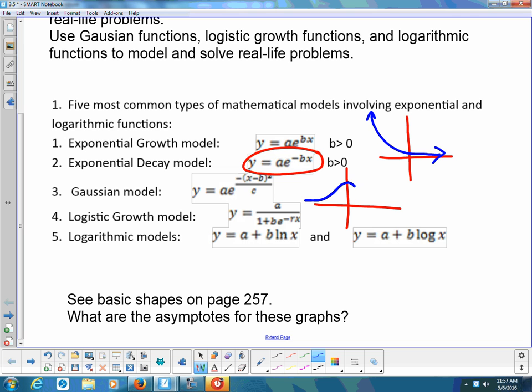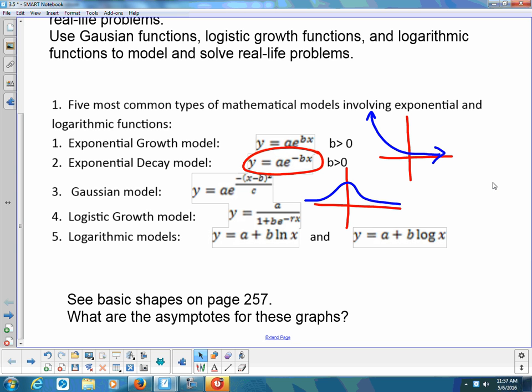All three of these, the exponential growth, the exponential decay, and the Gaussian model, have what in common as far as the asymptote is concerned? Just one horizontal asymptote, and unless you change things around, it's going to be at y equals 0.